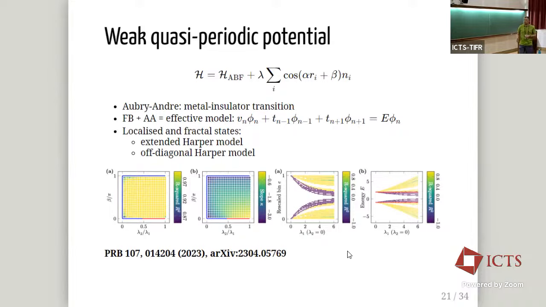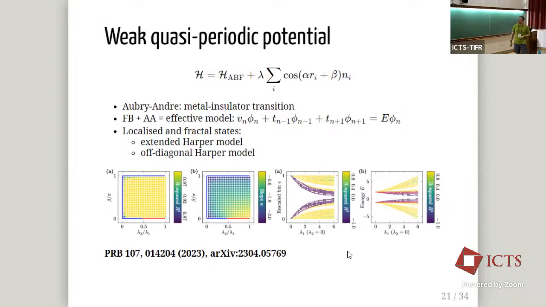So again, as I explained in the previous slide, a flat band plus this quasi-periodic perturbation leads to an effective model, which in this case corresponds to a model with both quasi-periodic hopping and on-site potential. And it turns out that for some specific cases, it maps exactly onto the extended Harper model and the off-diagonal Harper model, both of which feature a phase diagram with localized, extended, and critical states.